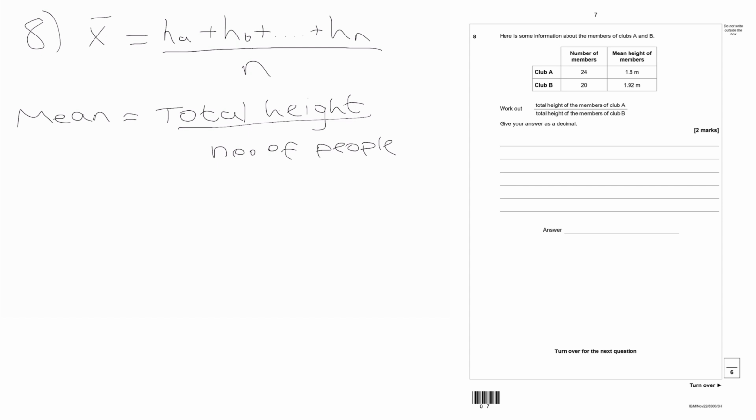So the total height of a group is given by the mean times the number of people, which I'm just going to call N.